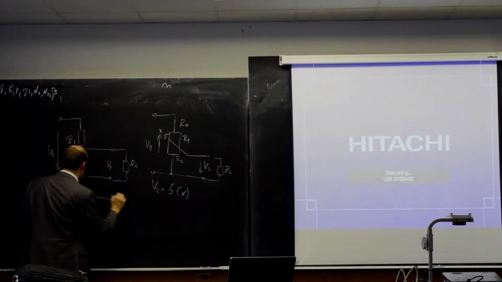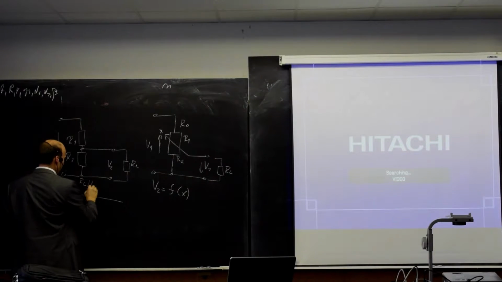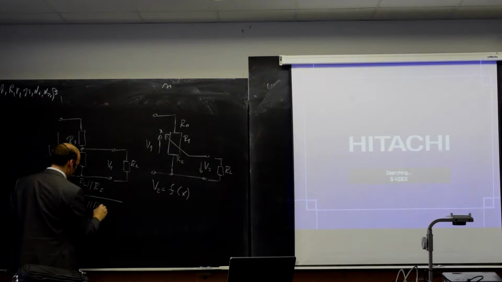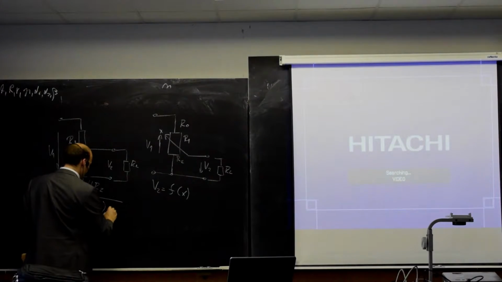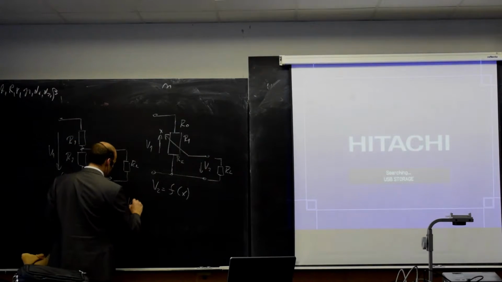So I need to make it bigger. So it will be RL in parallel to R2, over RL in parallel to R2 plus R1, times V1.